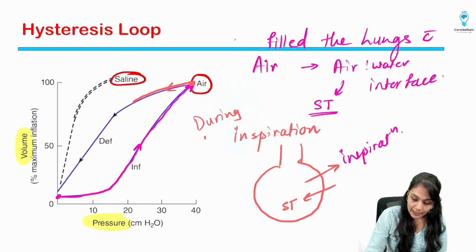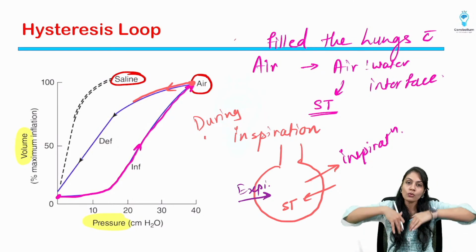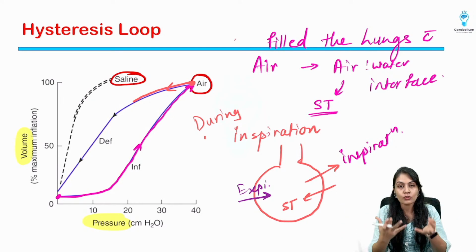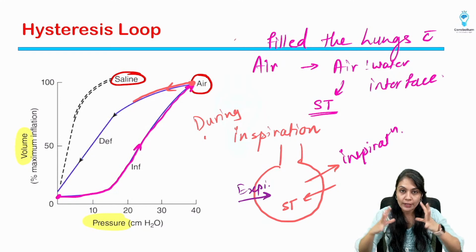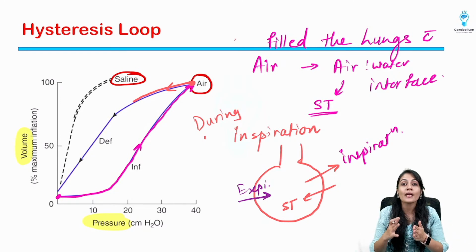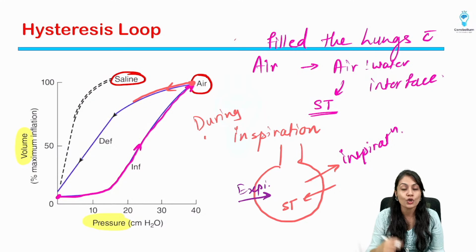But during expiration, the surface tension is actually helping me out, because this is also an inward force. During expiration, we have to move the air out. So because of the positive intrathoracic pressure, we are again trying to compress the alveoli. Both are acting in the same direction, and if they are acting in the same direction, it definitely requires less work. With less pressure change, more volume change will be seen, right?